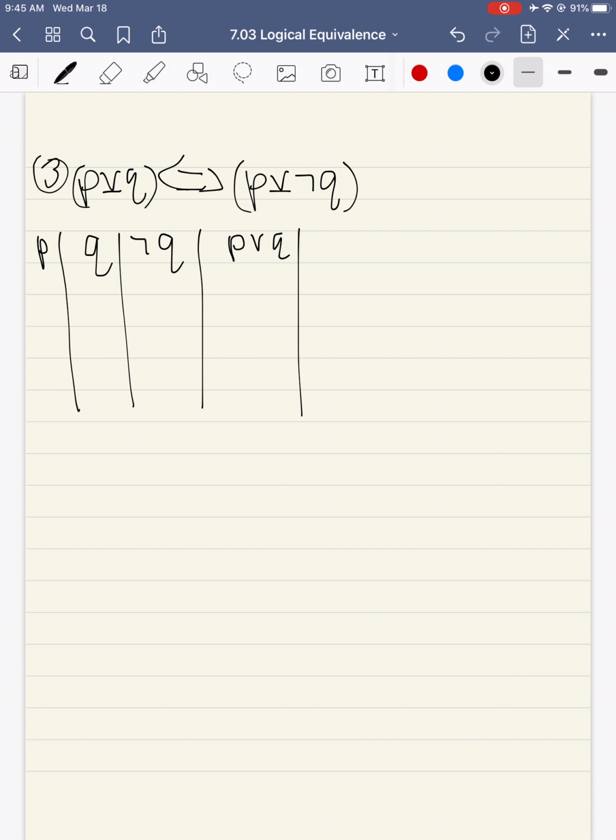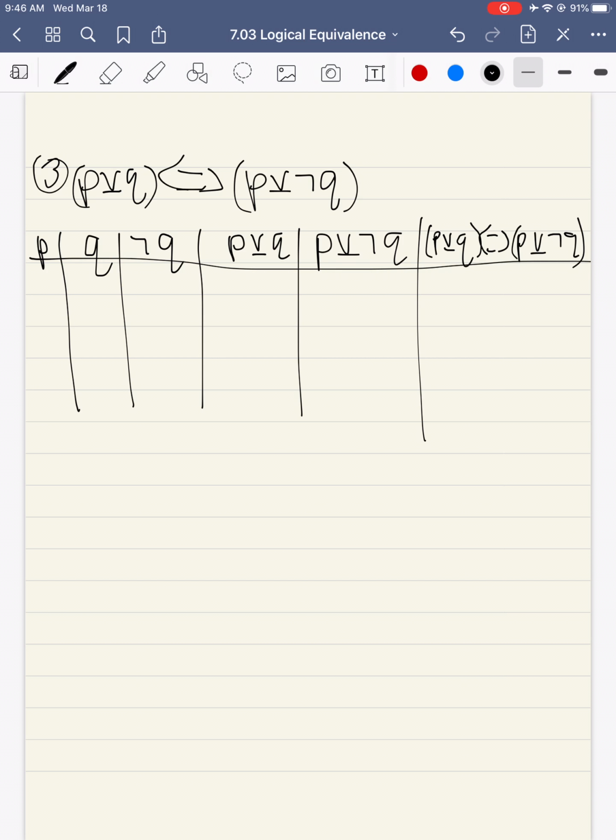So please amend that. This is P exclusive or Q if and only if P exclusive or not Q. So then we have P exclusive or not Q. And then our final statement, P exclusive or Q if and only if P exclusive or not Q. So building this truth table, again, we just start the same way.